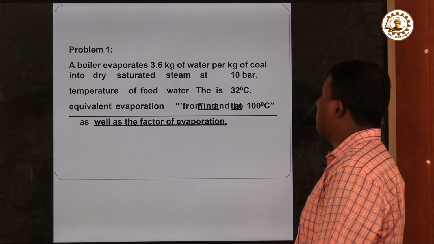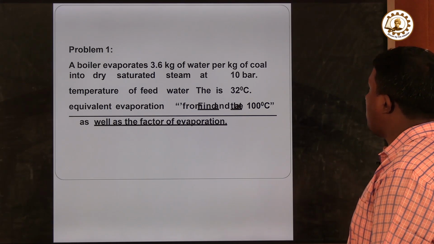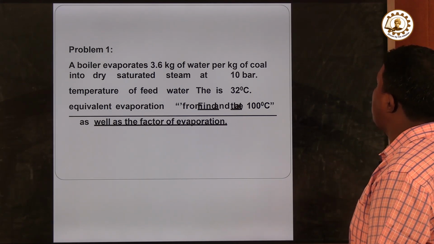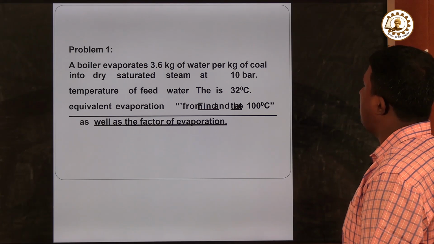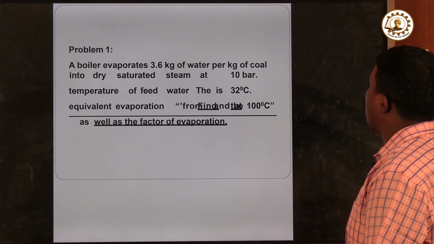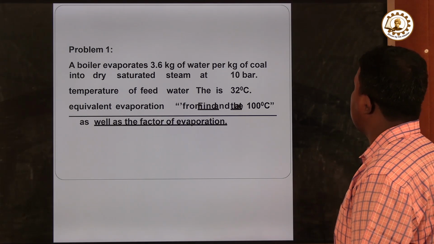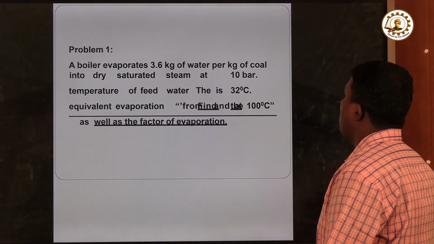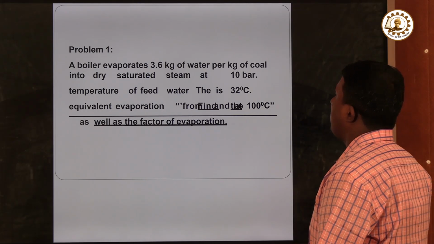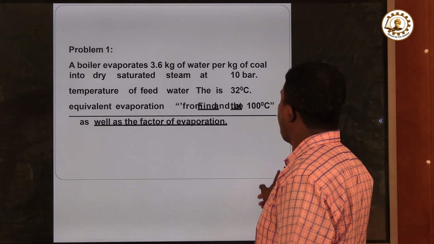If we take one problem for this topic: the boiler evaporates 3.6 kg of water per kg of coal into dry saturated steam at 10 bar, and the temperature of feed water is 32 degrees Celsius. In this question, they have asked to find the equivalent evaporation and the factor of evaporation.